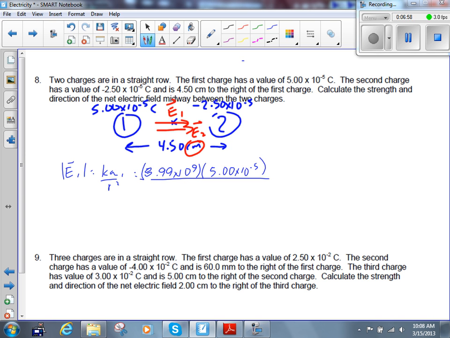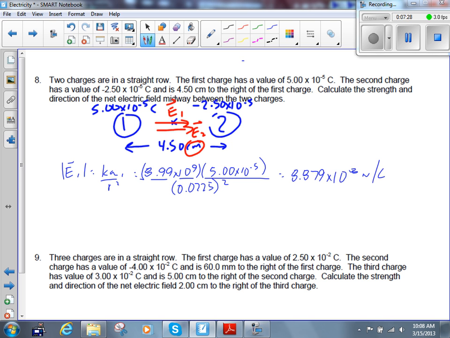We could say it's 2.25 times 10 to the minus 2, or we could simply move the decimal place over: 0.0225, and we got to square it. When we solve for that, it works out to be 8.879 times 10 to the 8, and the units will be newtons per coulomb.